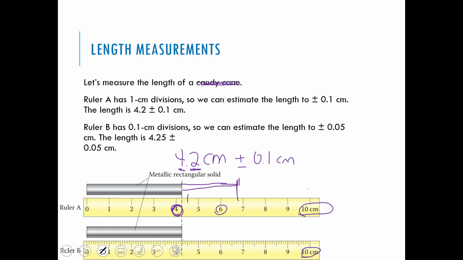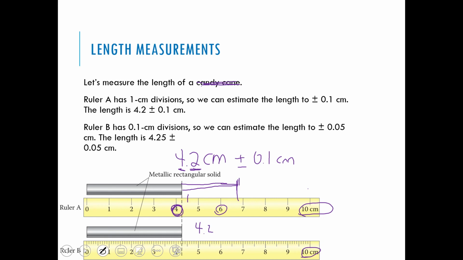So ruler B, however, if I look at ruler B and I follow this down, I would say, oh, I can be exact to the 4 point. I can see that it is 2, which is, these are in tenth increments. So I can say, oh, it's at least 4.2. And I can even estimate one digit further.